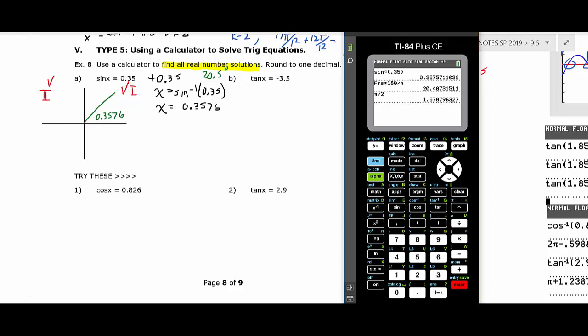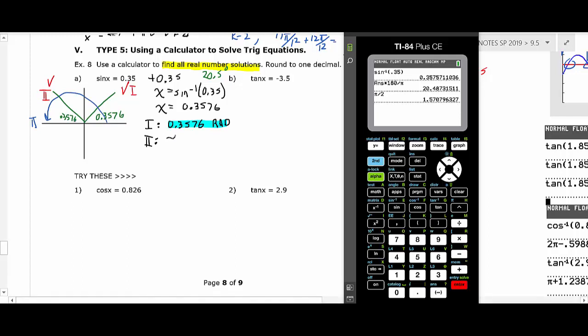So we're going to get 2 answers on this problem. In quadrant 1, 0.3576 radians is the value of that angle. Then if we go to quadrant 2, we use this same reference angle of 0.3576. You know that halfway around the circle is pi, less that reference angle.